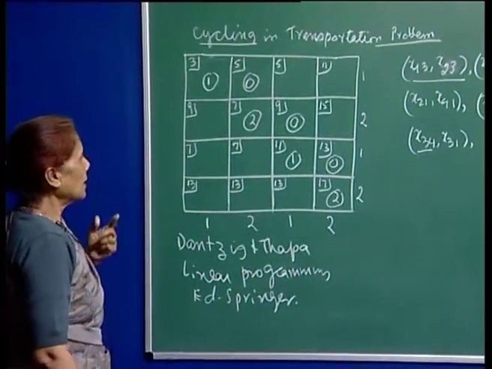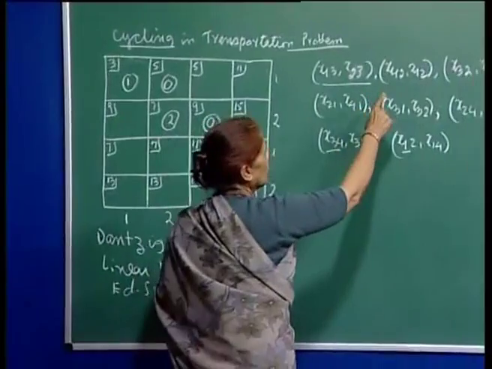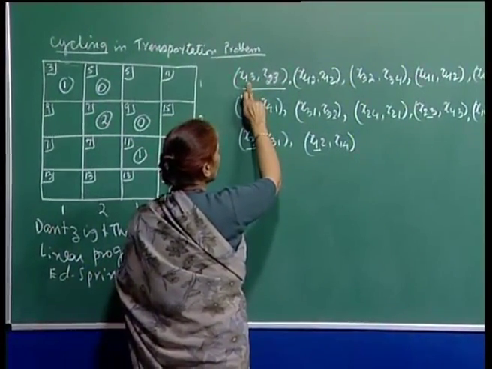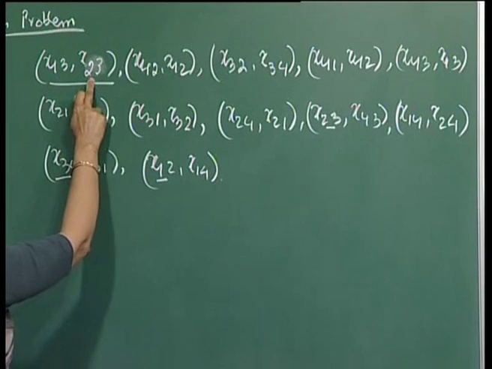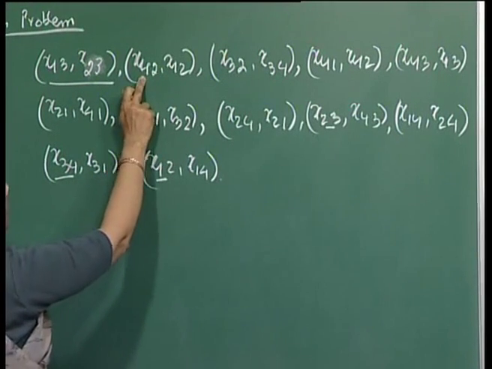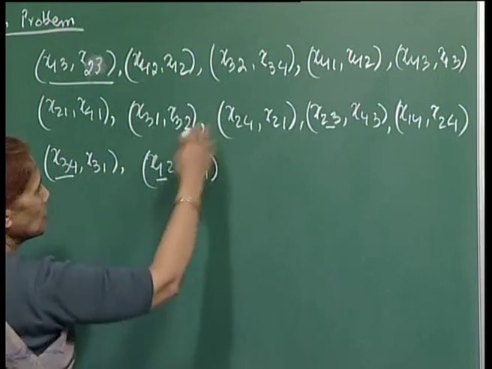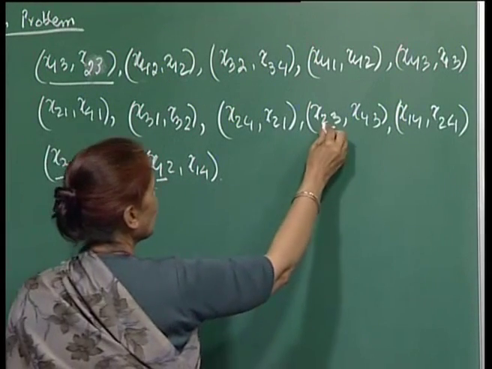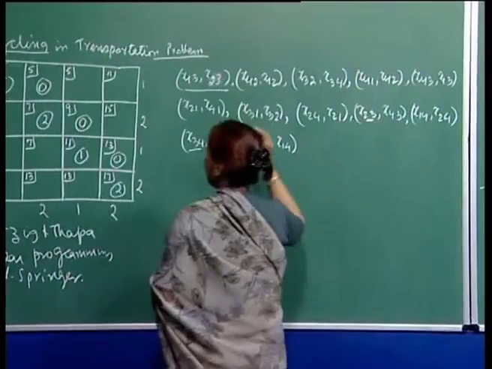then this is the series of incoming and outgoing variables. For example, in the first iteration, x13 comes in, x23 goes out, then x42 comes in, x12 goes out, and so on. You see that in the last 4 iterations, 23 is coming back again.